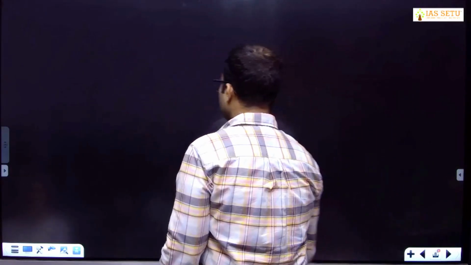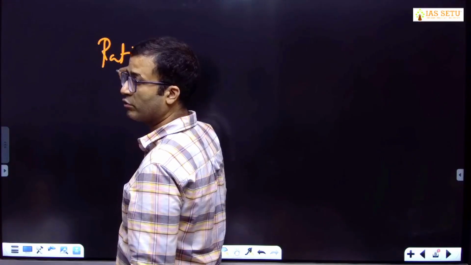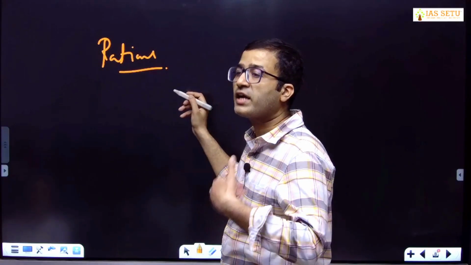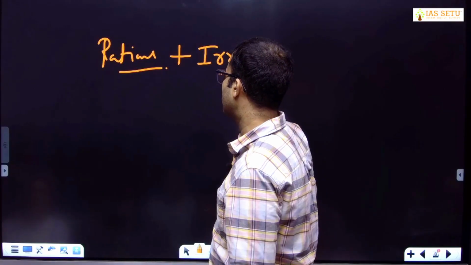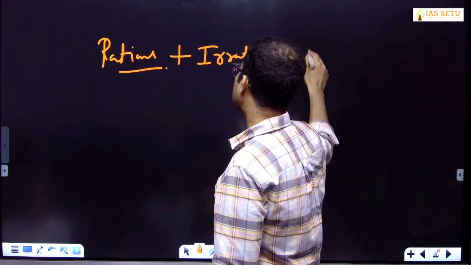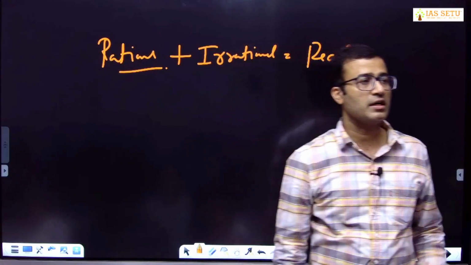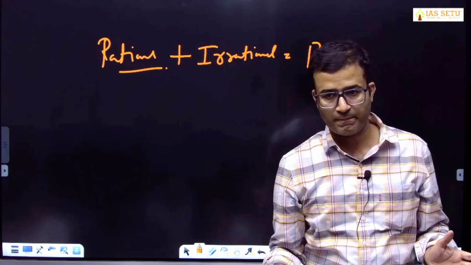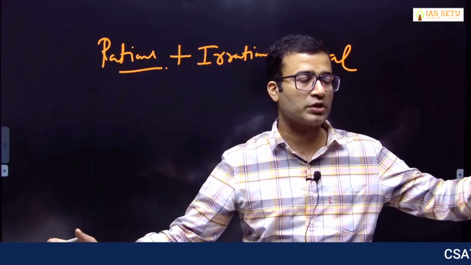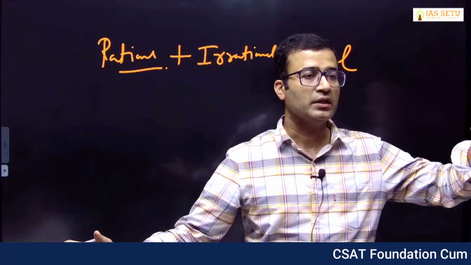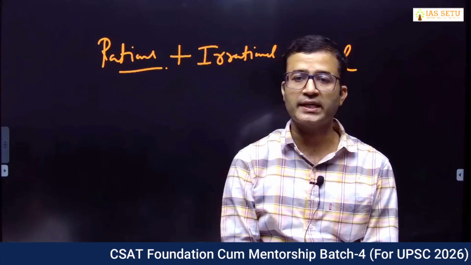And in these rational numbers, if you add strange types of numbers like √2, √3, √5, π, which are actually known as irrational numbers, then rational plus irrational numbers is equal to real numbers. Or rational and irrational are the subsets of real numbers. If you add irrational numbers to rational numbers, it becomes the complete set of real numbers.